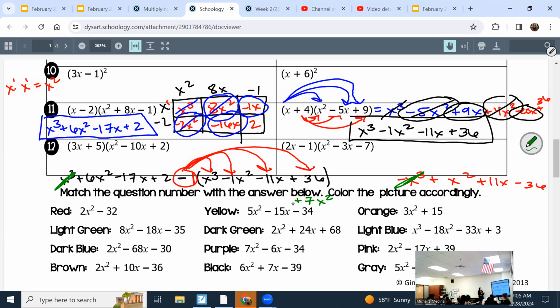I guess I don't need to write the plus this time, but I just combined these. What's negative 17x plus 11x? Negative 6x. And now 2 plus negative 37.